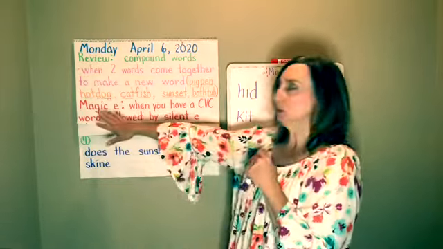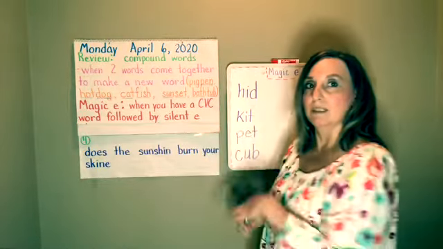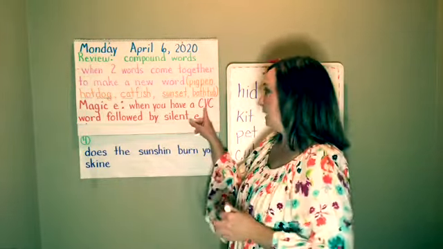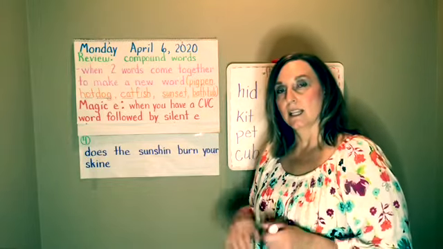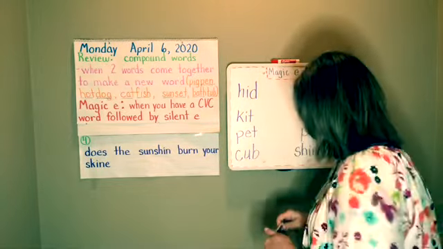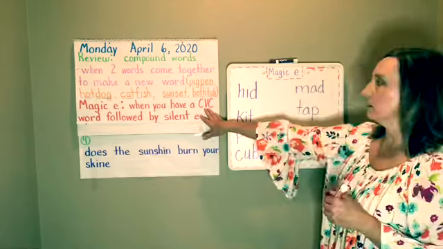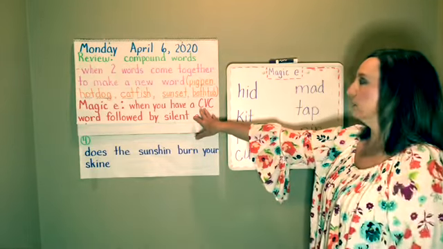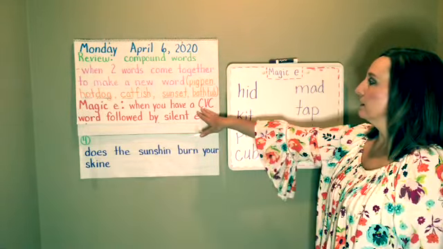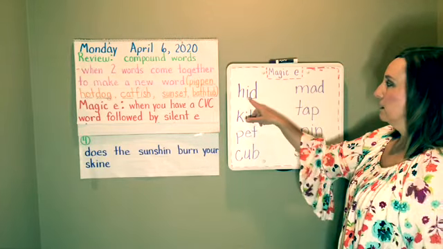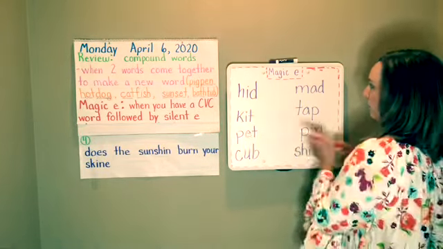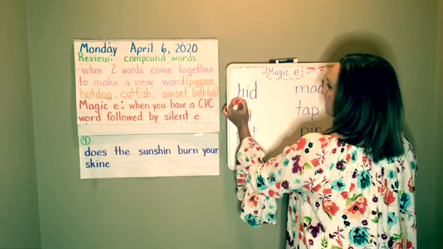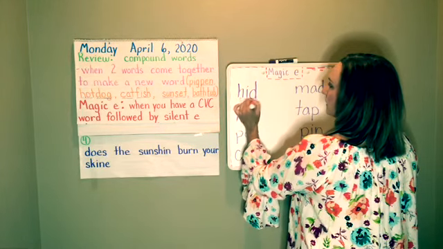The magic E rule is silent E makes the vowel in the word say its long sound. So over here I have a list of closed syllable words. So these are consonant, vowel, consonant. Consonant, vowel, consonant. So if you read this word, we say it is closed.